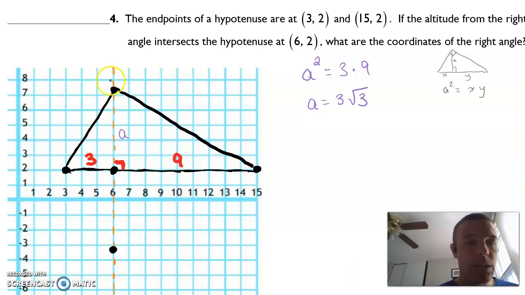And that coordinate is going to be an x-coordinate of 6, and the y-coordinate is going to be 2 plus 3 square roots of 3.